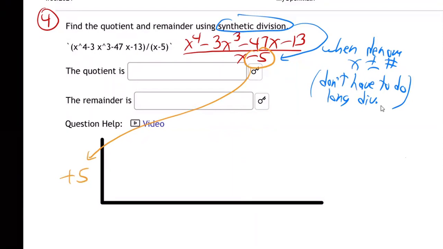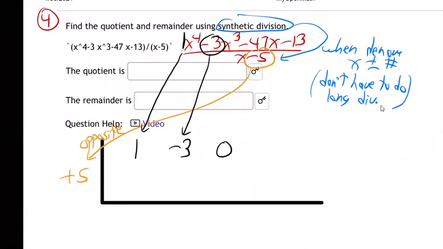Remember, it's always opposite. So it's the opposite of what's next to x. So they put a minus 5, I'm going to put a plus 5. And then here you take the coefficients. 1, -3. And notice the next one is missing, 0.